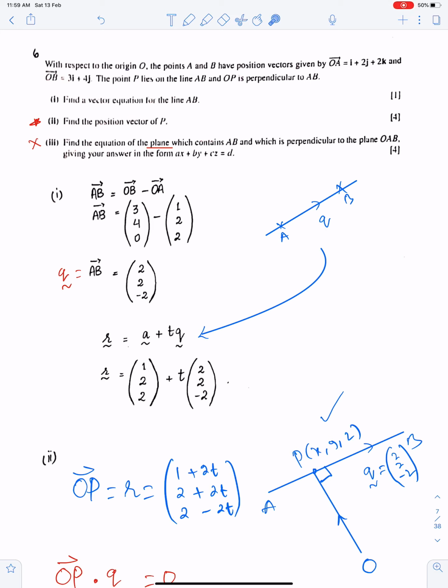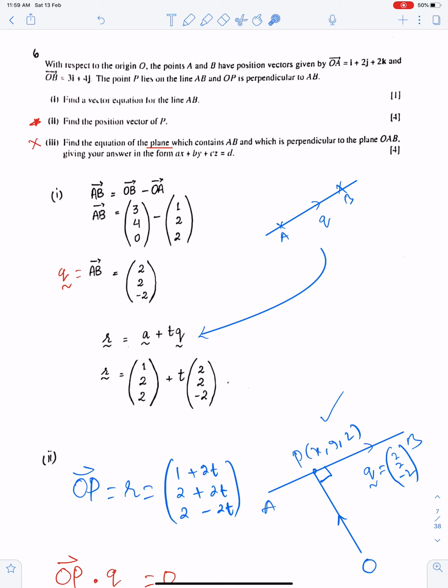You just need to make a rough sketch to understand this situation well. So this is OP, and this is perpendicular to AB. So the dot product of these two vectors must be 0.